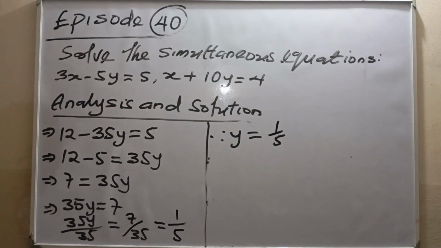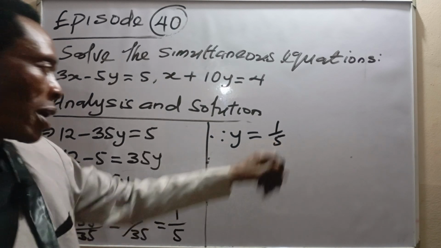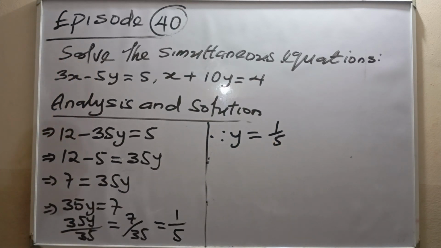Having gotten y to be 1 over 5, we have to look for x.